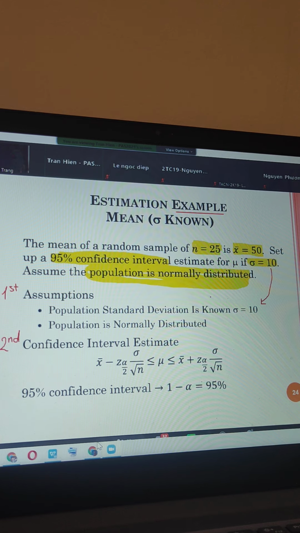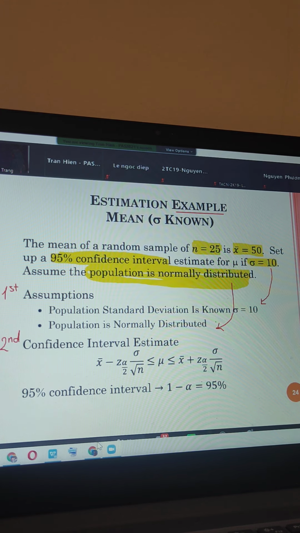So we know the value for the standard deviation of the population. And for the second step, because we have the information that the population is normally distributed, we don't need to apply the central limit theorem.